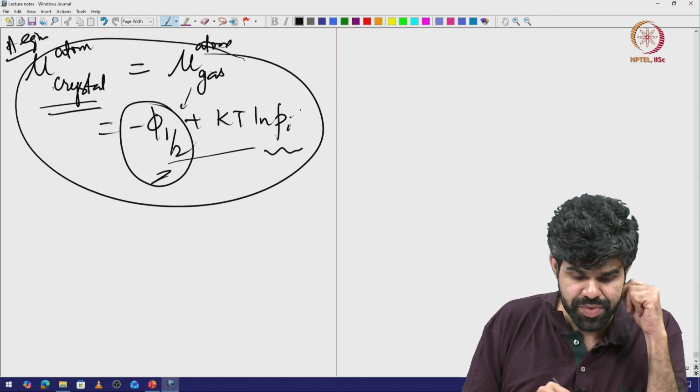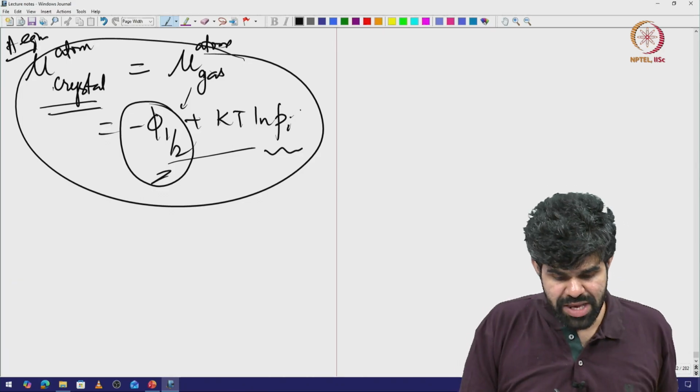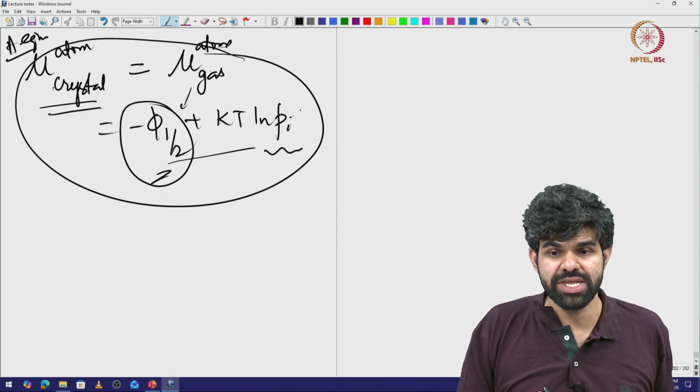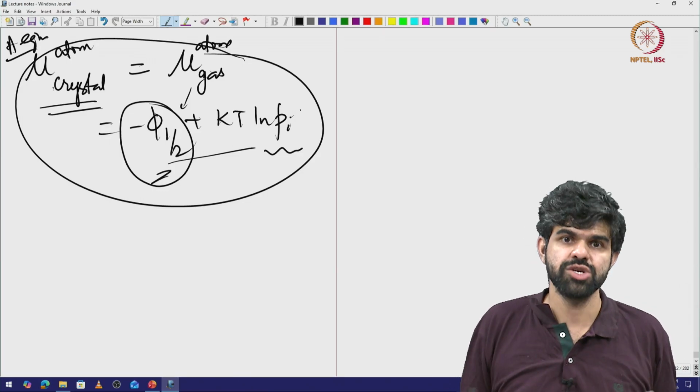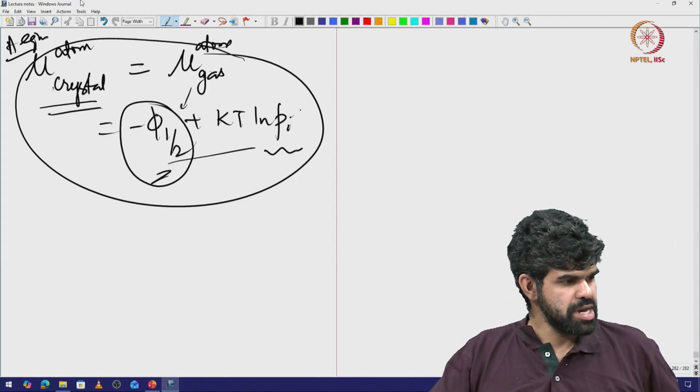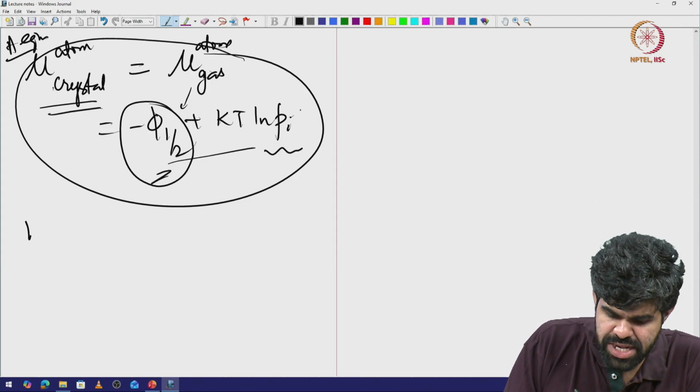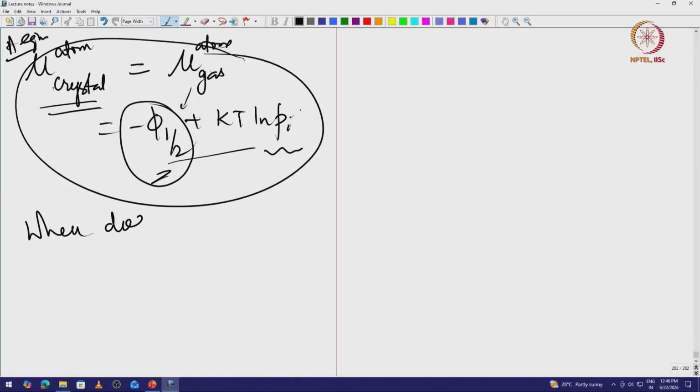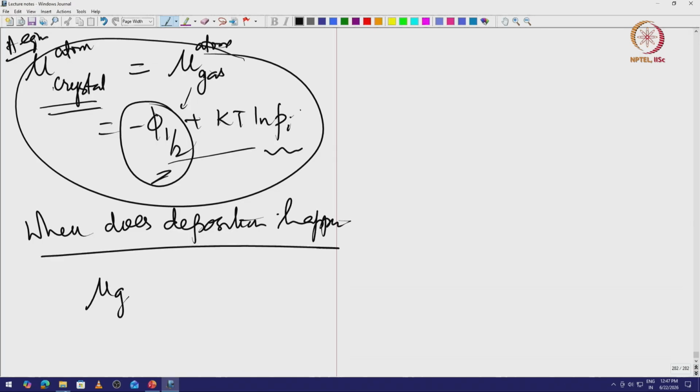So in this case, we know how to evaluate this phi half. Phi half is just the energy to break that bond or make that bond, and so the question is, when does deposition happen? Once I write this reaction, I can say deposition happens when mu gas is greater than mu atom of the crystal.